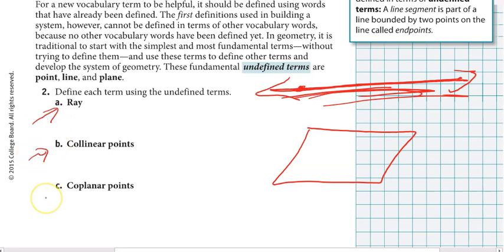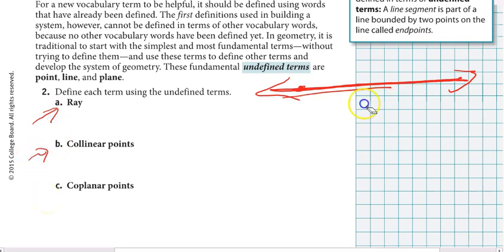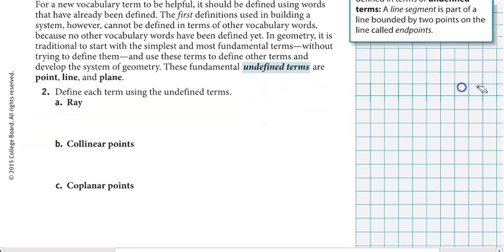So some of the other basic terms that we can talk about in geometry would be a ray, collinear points, coplanar points, and some on the next page as well. So what is a ray if we are using some of the undefined terms to define it?